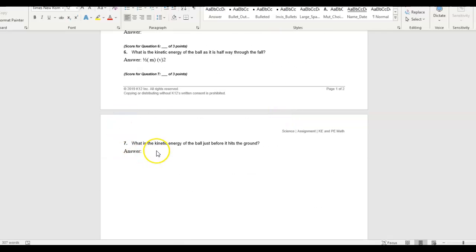So we would need to calculate 1/2 in parentheses 2 times 28 squared. 28 times 28 is 784. 784 times 2 is 1,568. And then you're taking half of that. You should start seeing a pattern there, but it's 784 joules.